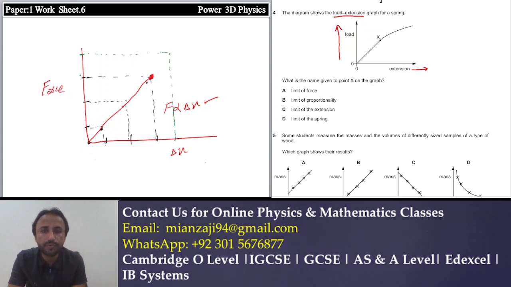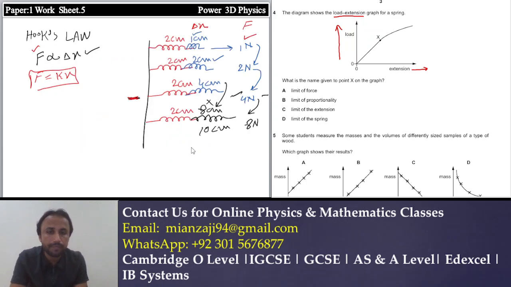By doubling the force, the distance must double. But we have seen in our last slide, when we double the force here, the distance is not doubled, it increased up to 10 centimeters.